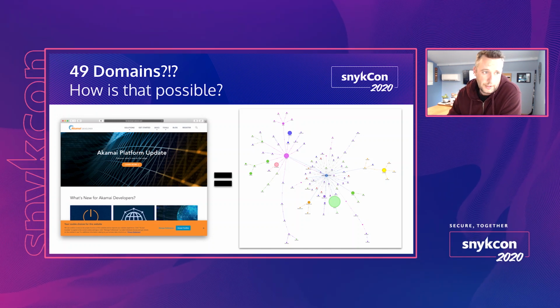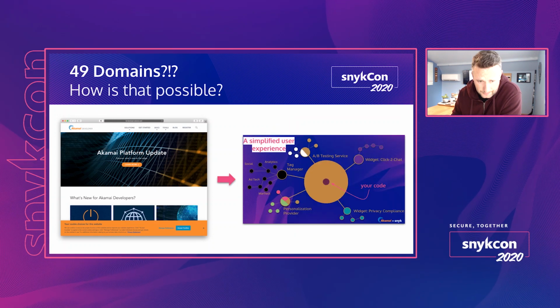So 49 domains, how is that possible? Well, it's quite probable, actually. It's just what a typical user experience looks like once you load it up with that ecosystem of services and widgets that we all rely on for the rich, modern, personalized, interactive web experiences we're all used to.